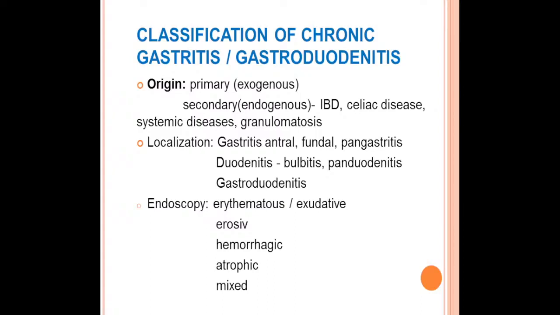Why is secondary gastritis very serious? On one side, it is of autoimmune, endogenous etiology. On the other, these are serious diagnoses, inflammatory bowel or systemic diseases or granulomatosis, treated with long-term immune suppressive therapy.